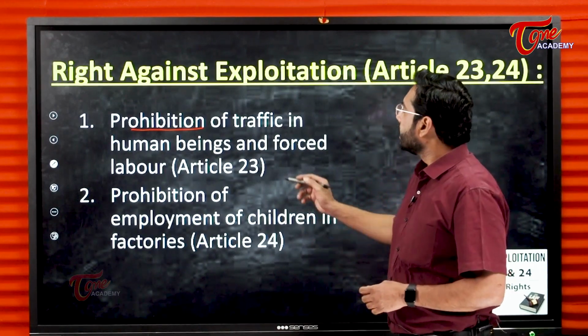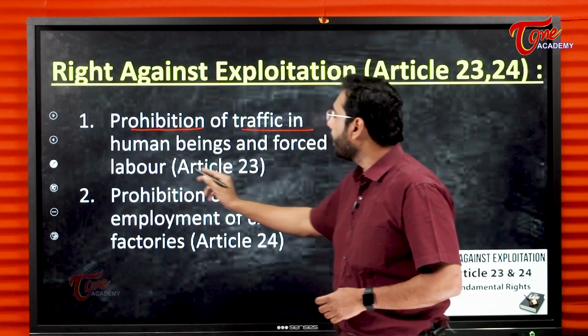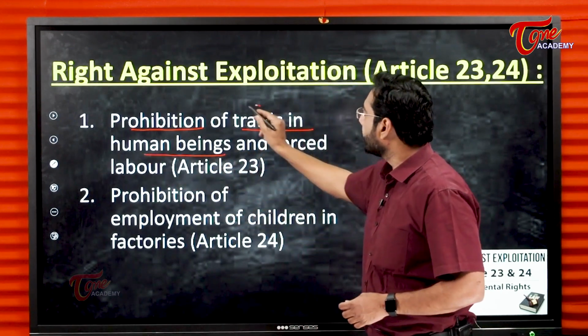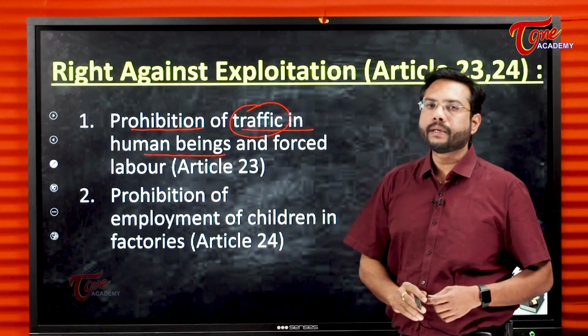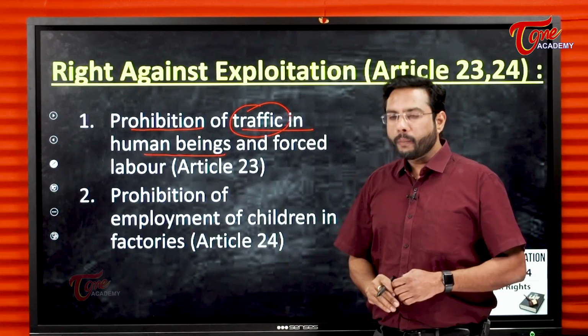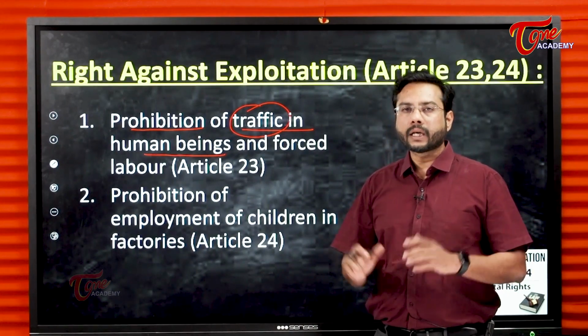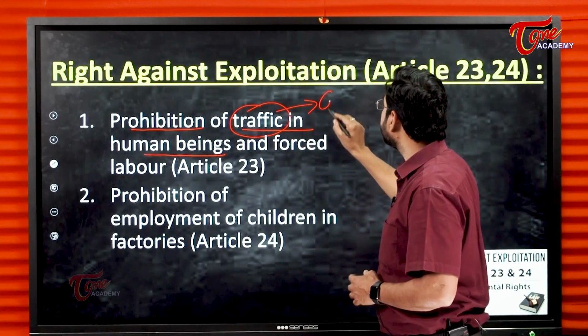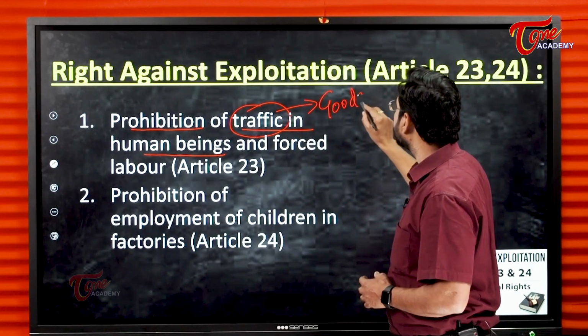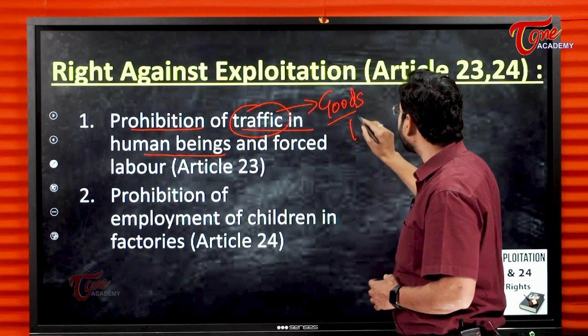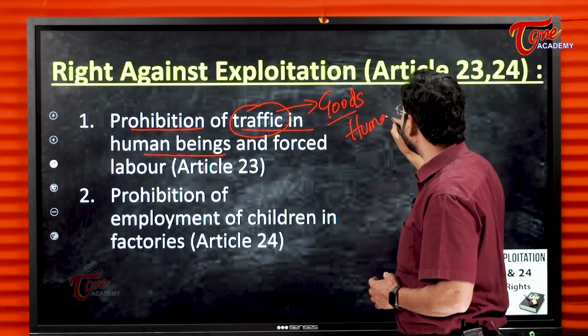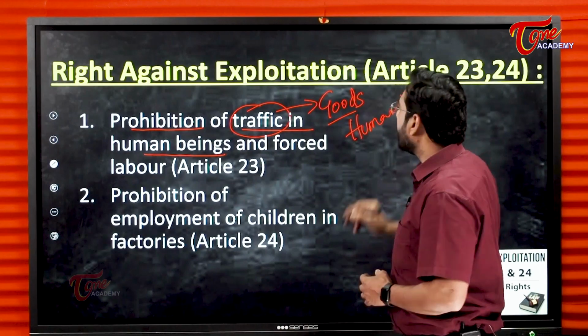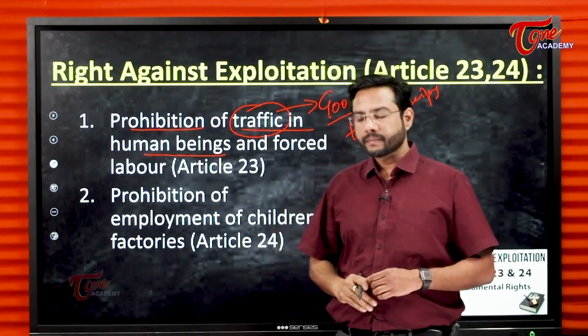When we say traffic in human beings, trafficking is an important word here, where human beings are treated as commodity. Commodity means a good or goods. Where human beings are treated as goods, then we call it trafficking in human beings.